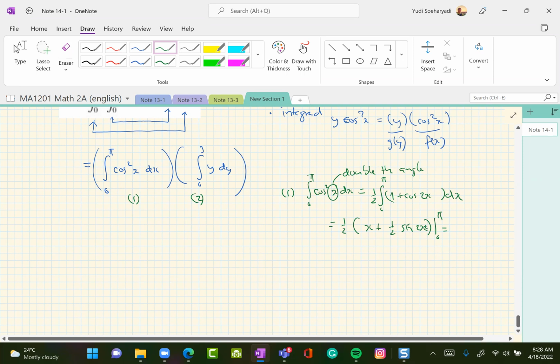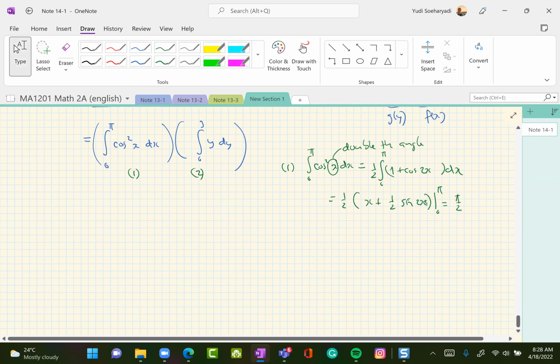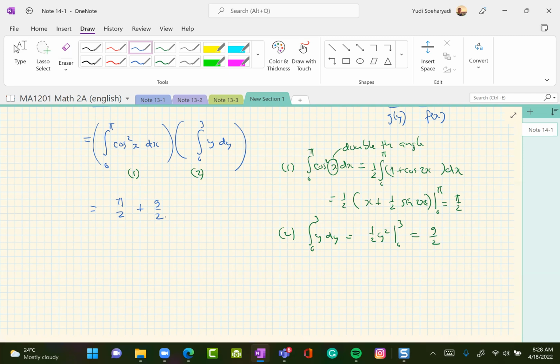Plug in pi, sine is zero, so only x is left, so pi over 2. And the second is easy: y squared over 2 from 0 to 3, so that's 9 over 2. So the result is pi over 2 times 9 over 2. That's how you deal with this kind of integral.